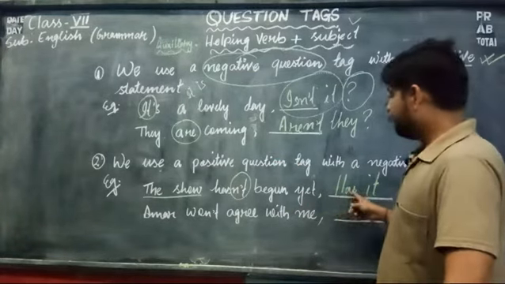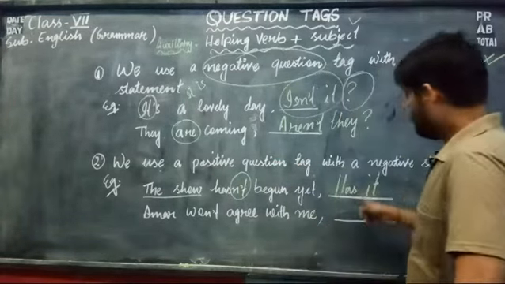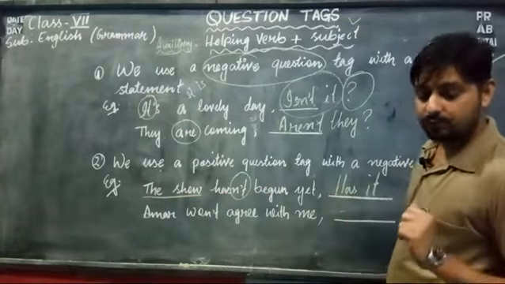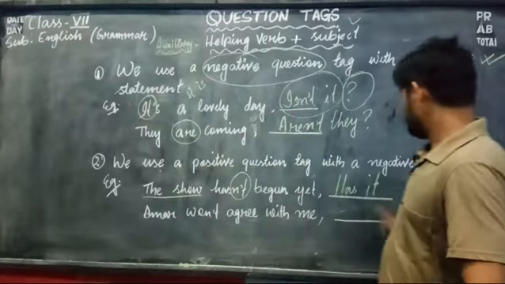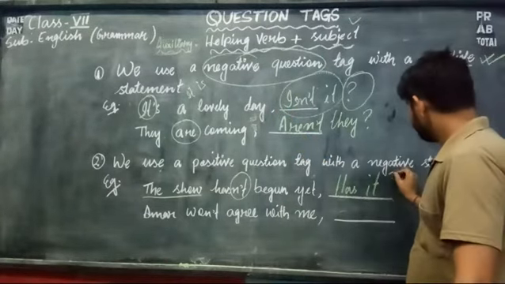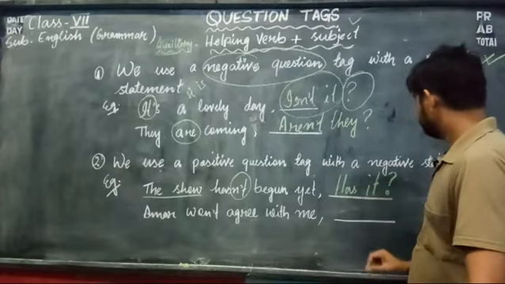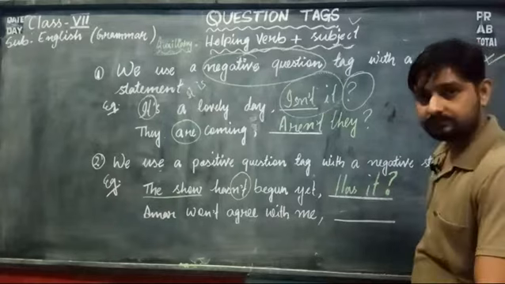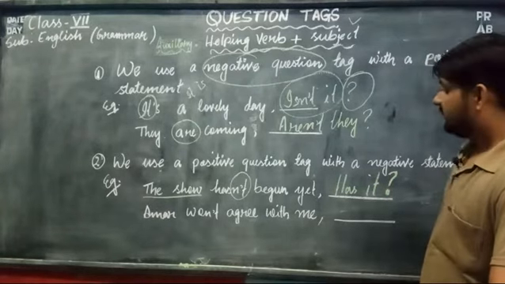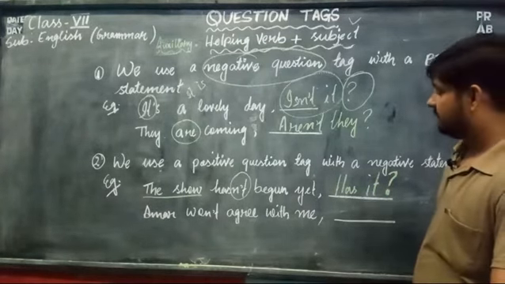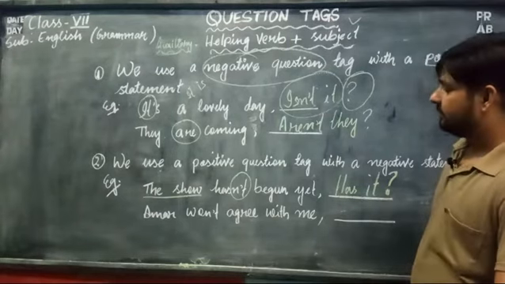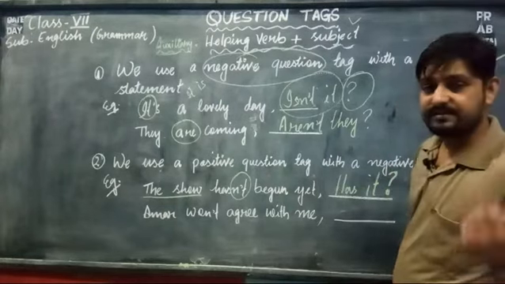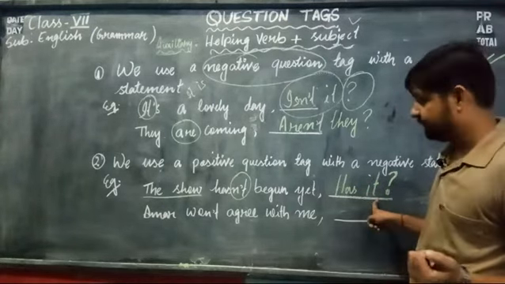But here we cannot write the show, right? Only in place of the show, the pronoun, we can write it. Then put a question mark. Clear? So this is the first example that we have completed. When the statement is negative, then we will use the positive question tag.